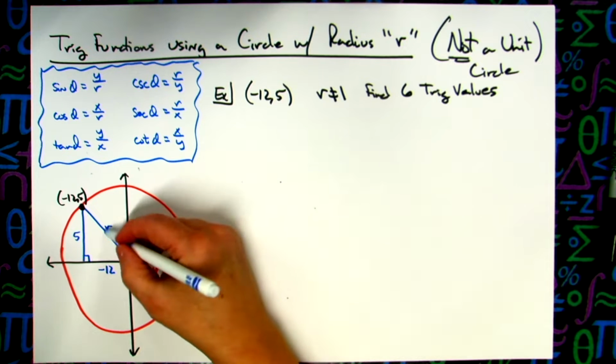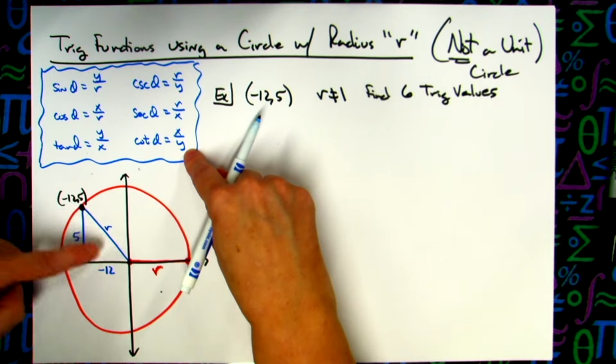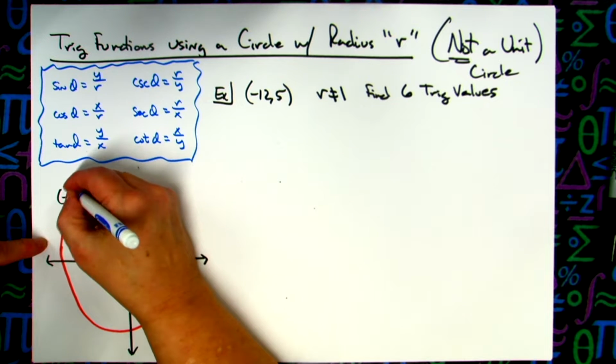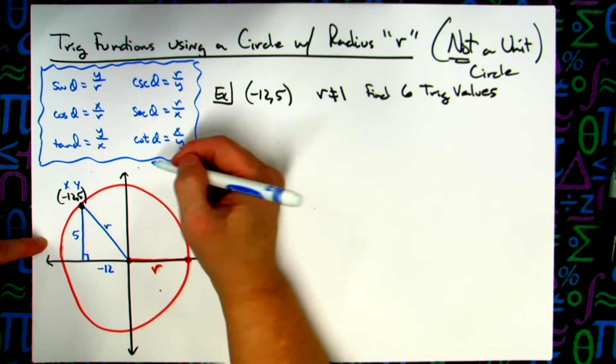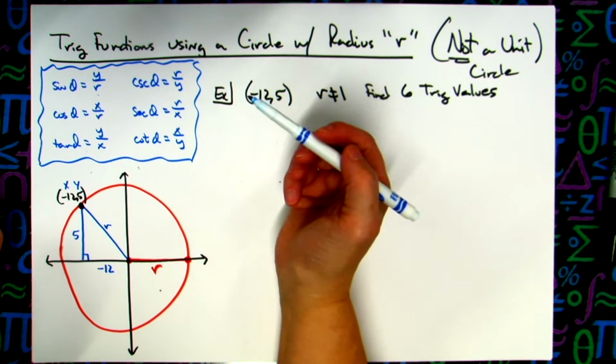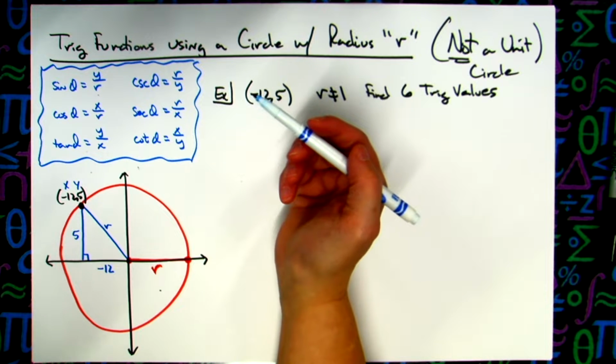The only value I don't know is that radius. If I'm going to use these definitions, I need that measurement. This is x, this is y. So for sine, it would be 5 over whatever r is, y over r. Or I could also use my right triangle definitions, so it doesn't make any difference.